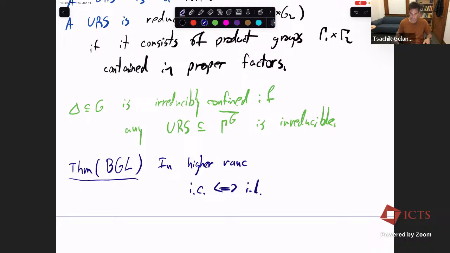So a subgroup is irreducibly confined if and only if it is an irreducible lattice. So that's the theorem that we proved. Technically it was quite difficult for us.